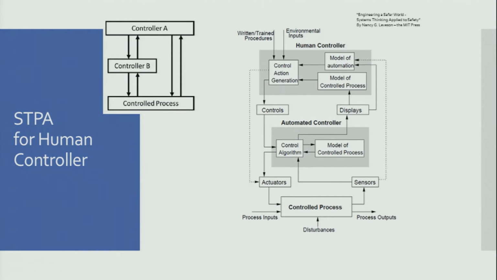This is the kind of development that Nancy makes in her book. You see that here there is the automation, here there is the controlled process, for example, the energy system, the propulsion system on board. This is automation, and this is the human controller. So this is the selection of a control action that can be put in force by the human controller. Both have a model of the controlled process.